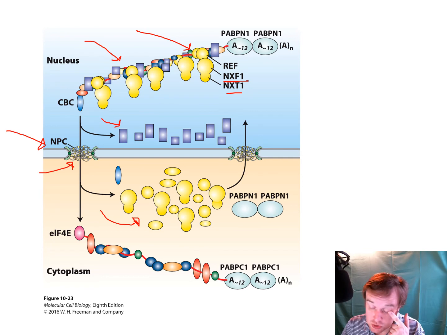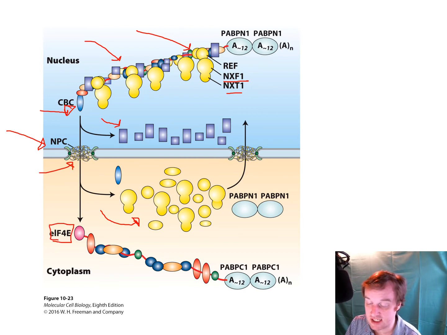Once this mRNP is in the cytoplasm, there's a couple replacement proteins that come in. Originally in the nucleus, CBC, which is cap binding complex, binds to that 5' cap. Once it gets to the cytoplasm and is successfully exported, eIF4E replaces it.